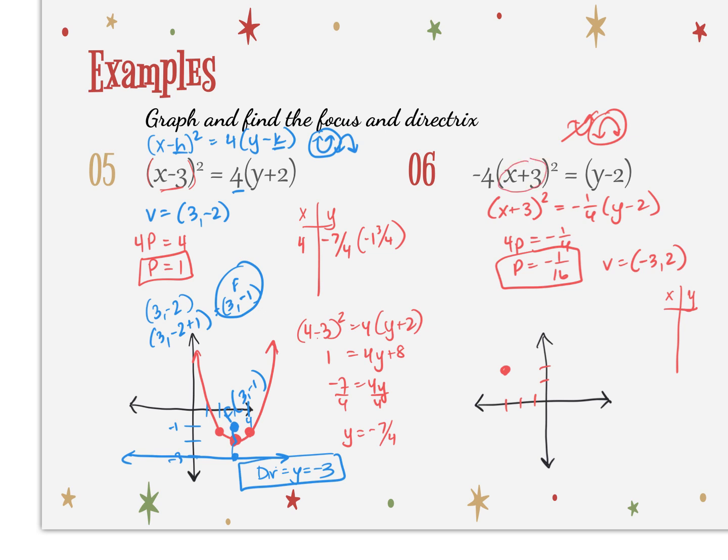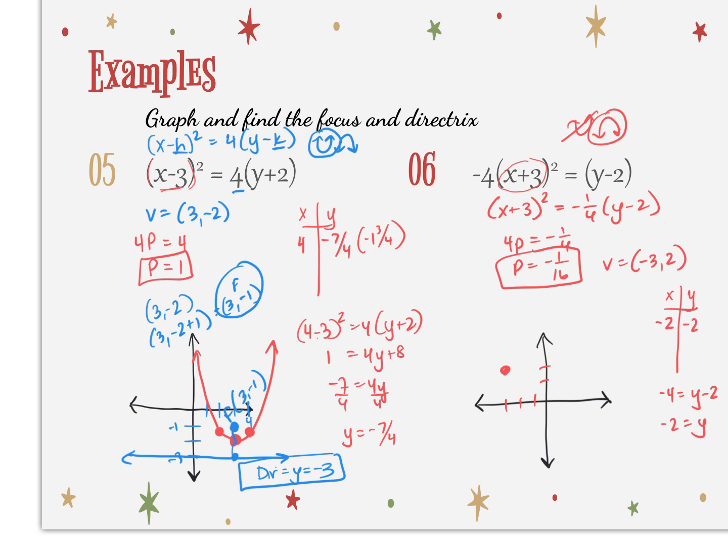So I'm going to do negative 2. So if x is negative 2, this is positive 1 squared, which is 1. 1 times negative 4 is negative 4. And I'm going to get negative 4 equals y minus 2. And if I add 2 to both sides, I get negative 2 equals y.